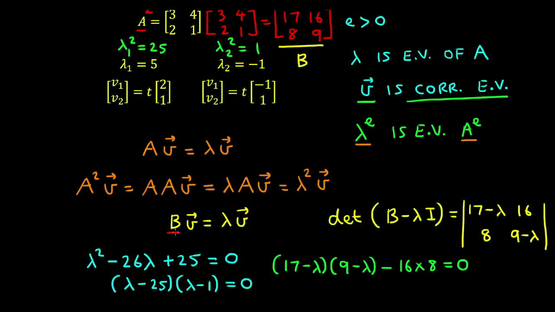So therefore the eigenvalues for our matrix B, which is equal to A squared, are 25 and 1, as we got by squaring the eigenvalues of A. And I'll leave it for you to verify that the eigenvectors are going to be the same as the eigenvectors corresponding to the eigenvalues of matrix A.